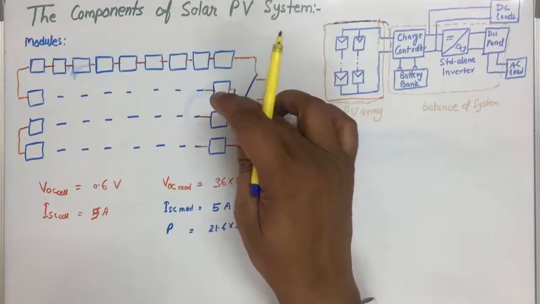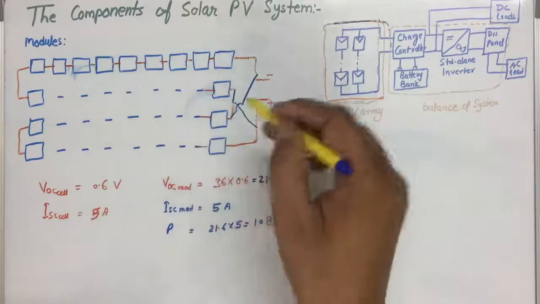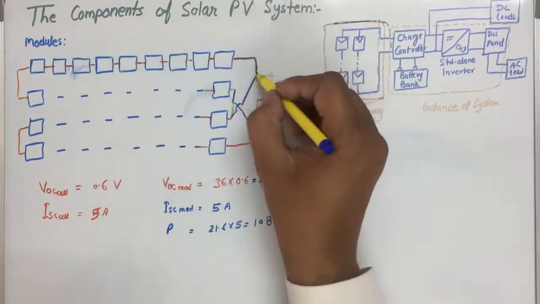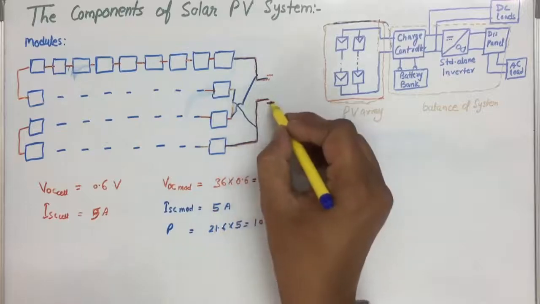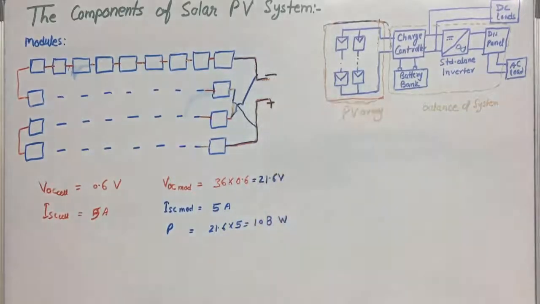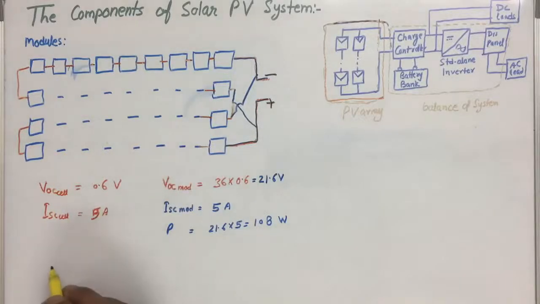So the series of these two and the series of these two are both connected in parallel. That is shown here. For that case, let us try to find the rating of this module.